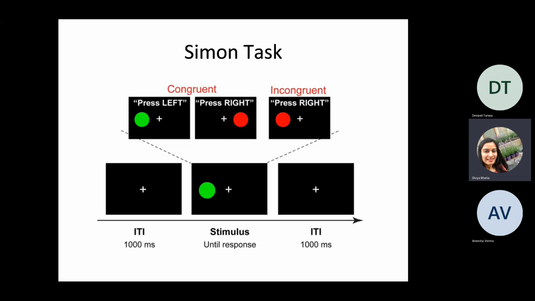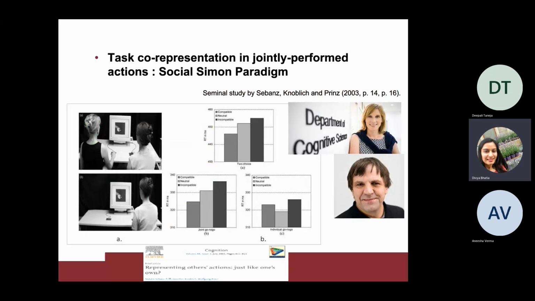When there is an incongruency between the stimulus and the response key, we see a higher reaction time. This higher reaction time, the difference between the incongruent and the congruent conditions, is known as the Simon effect.